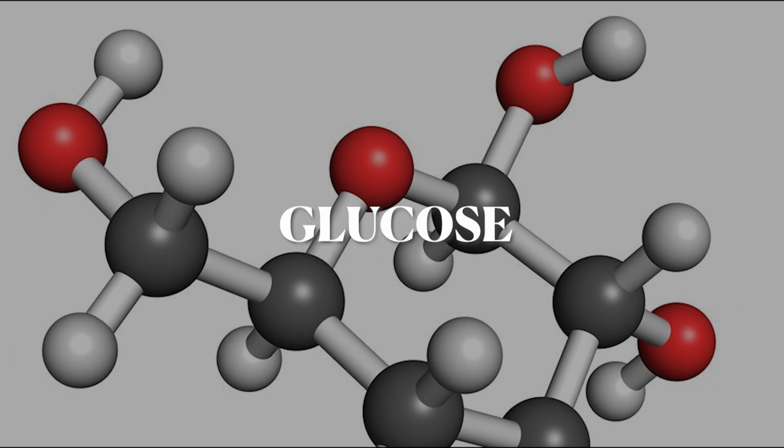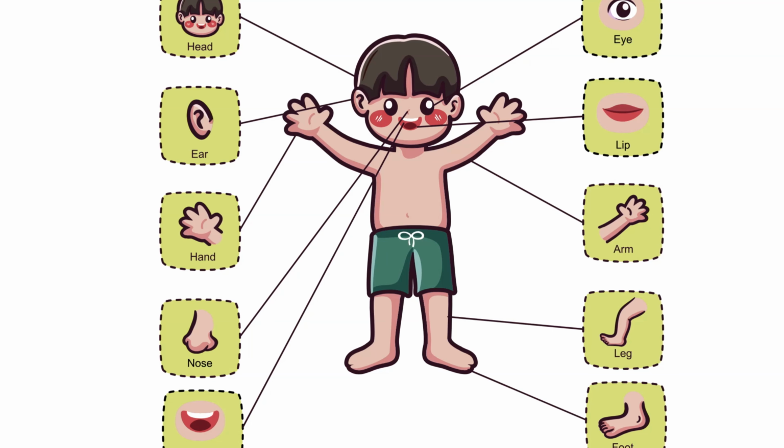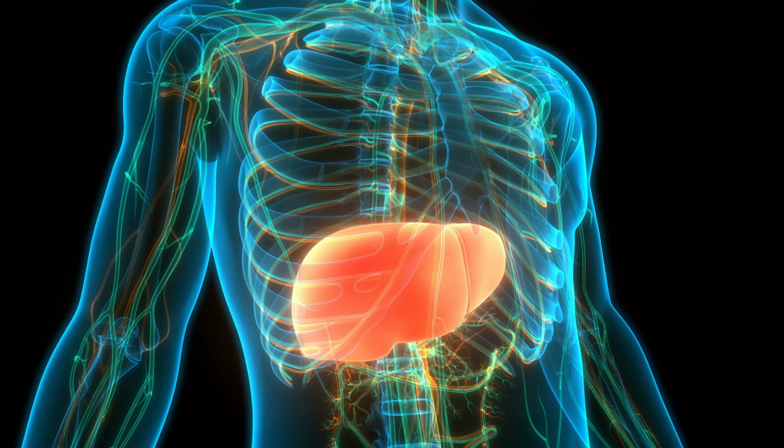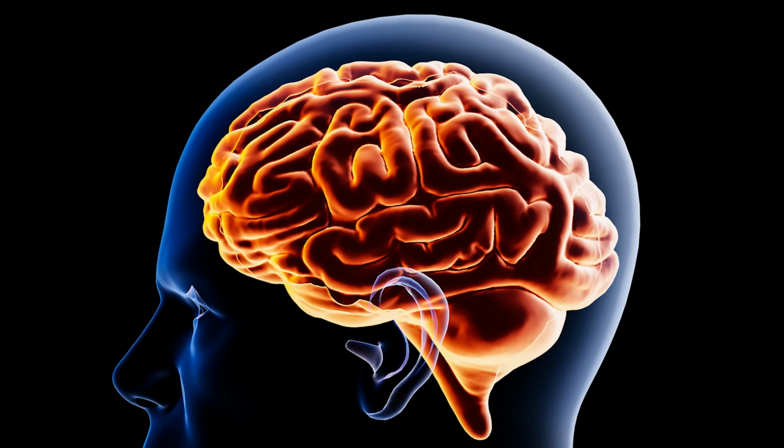To understand type 2 diabetes and how it develops in our body, we have to understand how sugar, or another name for it, glucose, is metabolized in our body. Glucose is a carbohydrate, and a carbohydrate is one of the 3 macromolecules that we consume for energy. Most of our cells use glucose as their main energy source, but other cells in our body, like our liver, heart, and brain, are able to use other energy sources to survive.